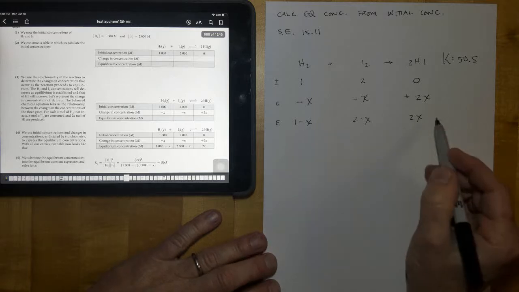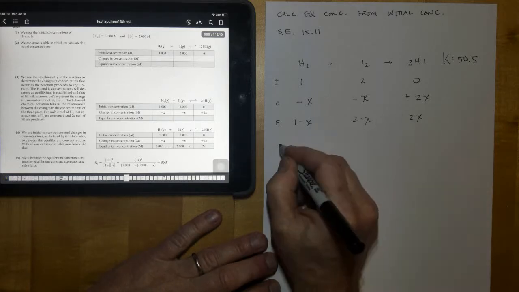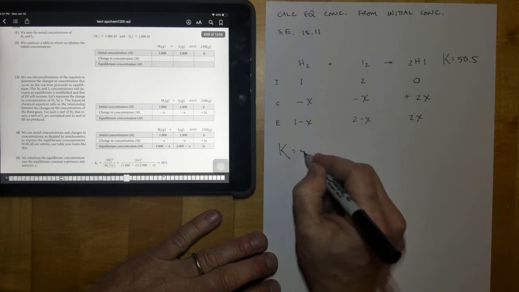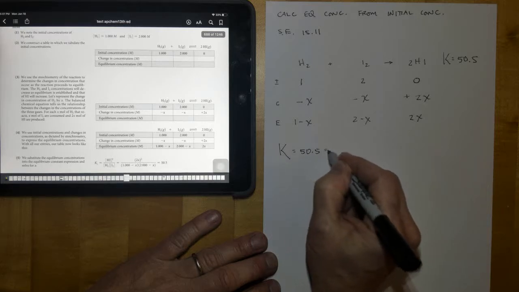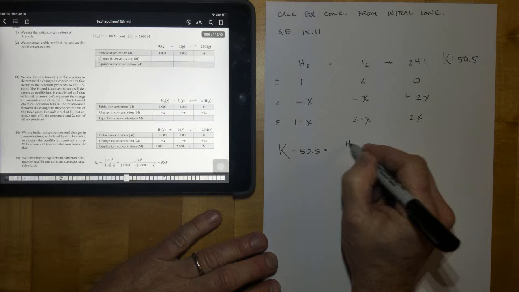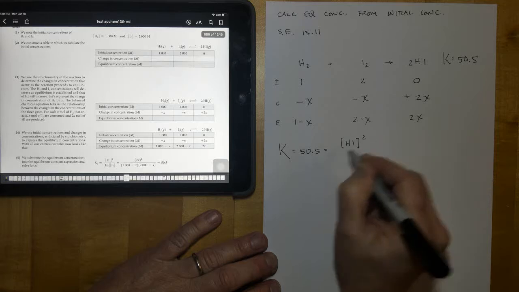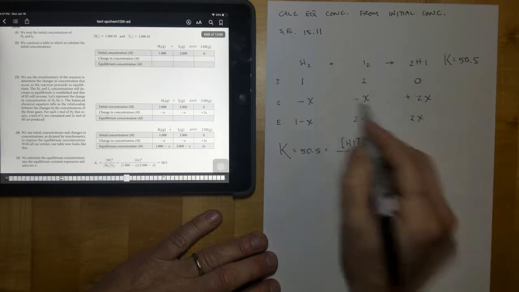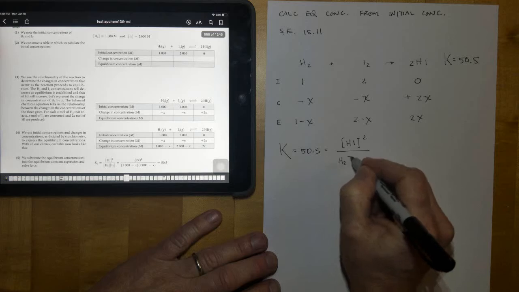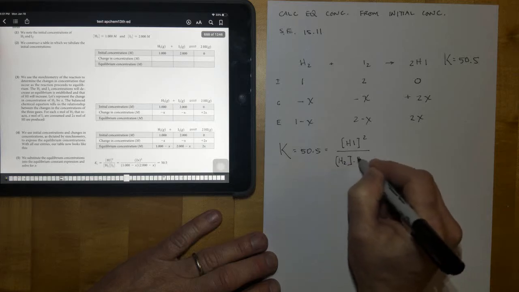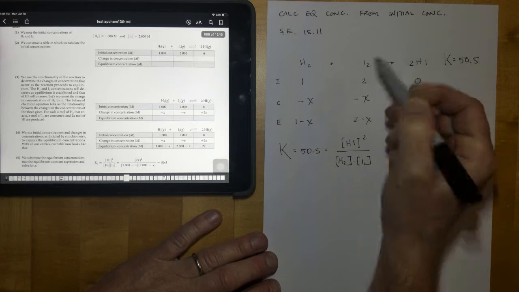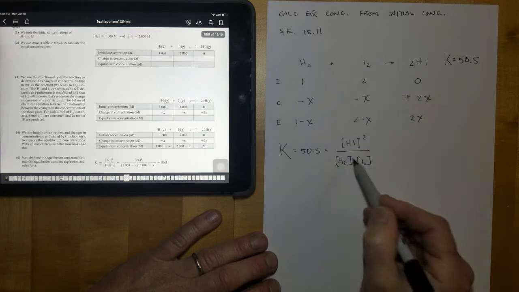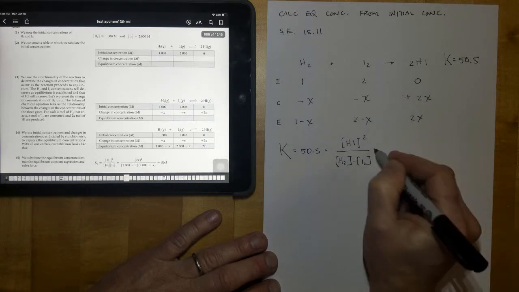Alright, so now since we've got it all in terms of the variable X, we can take and put it into the K equation, which of course is equal to 50.5, and that equals products. So HI, remember, to the second power, because there's a 2 right here, divided by reactants, H2 to the first power, times I2 to the first power, because there's a 1 there and a 1 there, so they'd be their first power, and remember they're multiplied together.